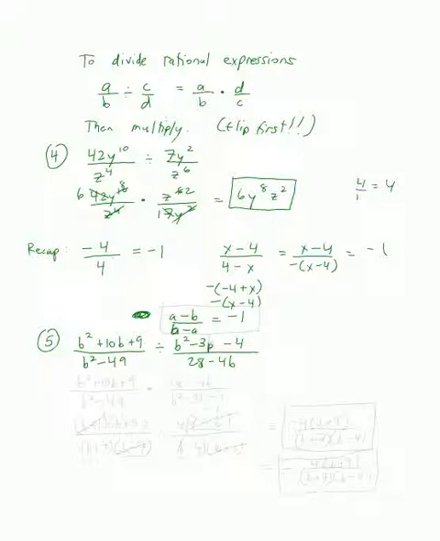Alright, so let's flip first. So I'm going to write b squared plus 10b plus 9 over b squared minus 49. The first one doesn't change. The second one changes.